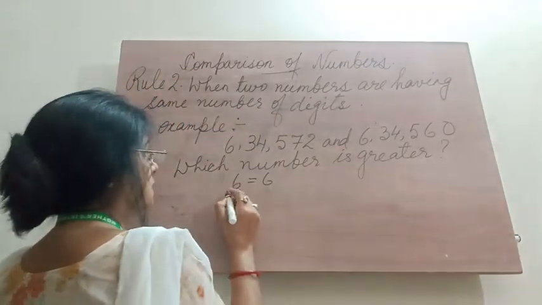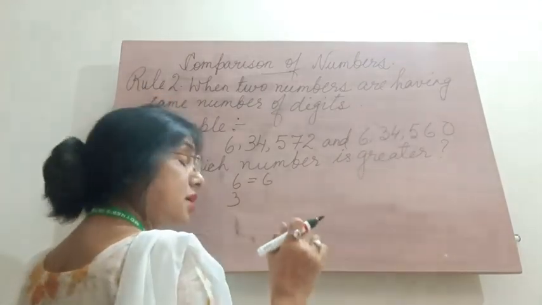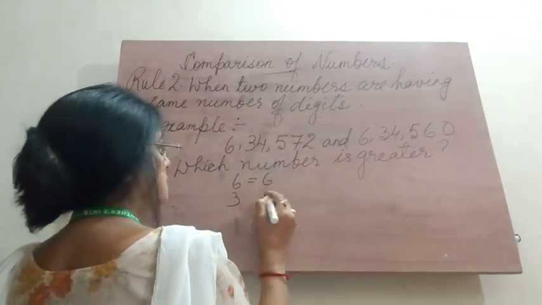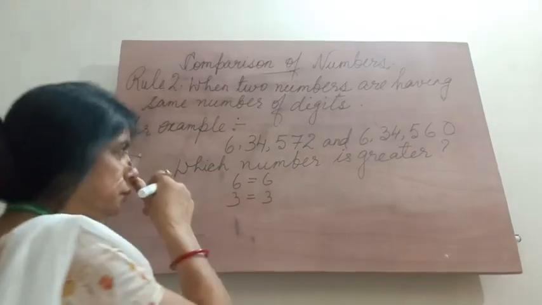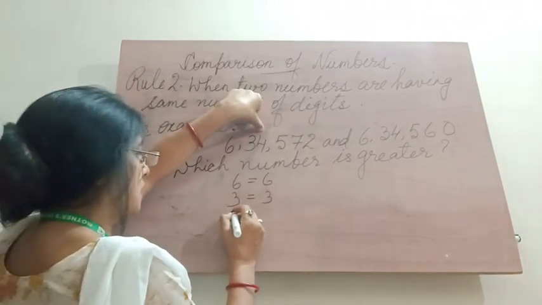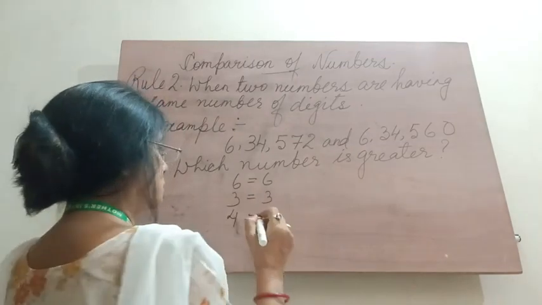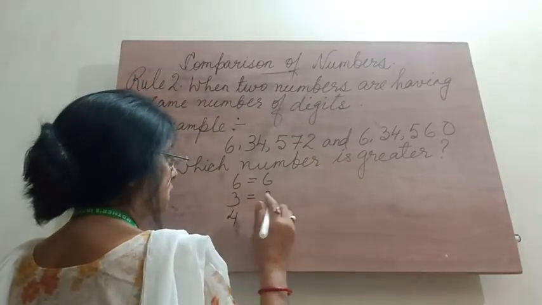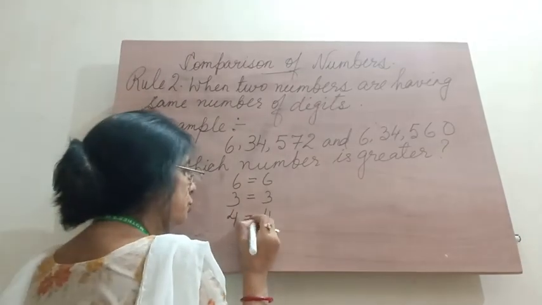In the first number the second digit is 3, and in the second number also the second digit is 3. So again 3 is equal to 3. We move towards the third digit. The third digit in the first number is 4, and in the second number also it is 4. Again 4 is equal to 4.